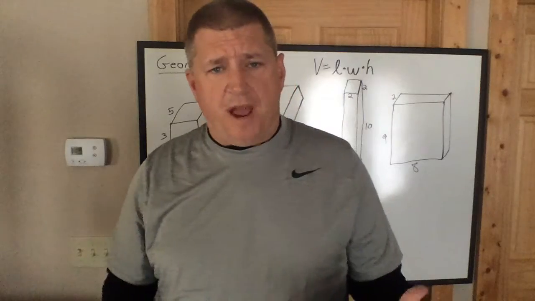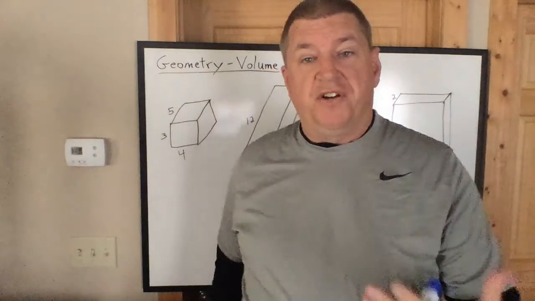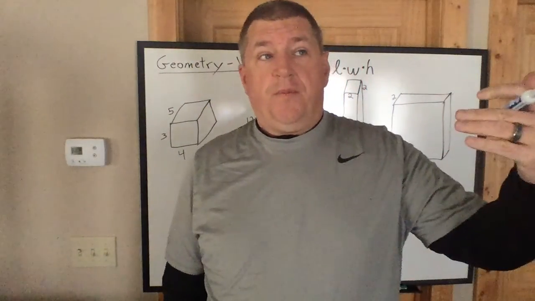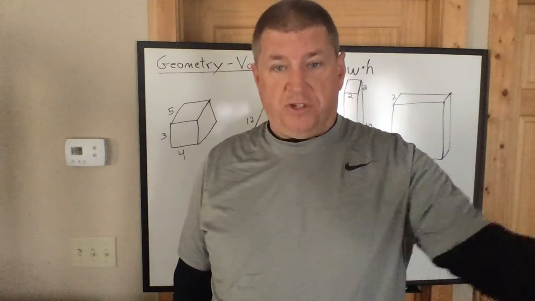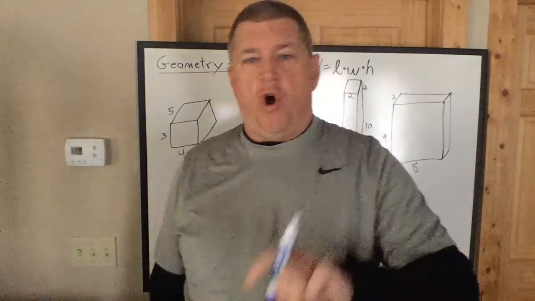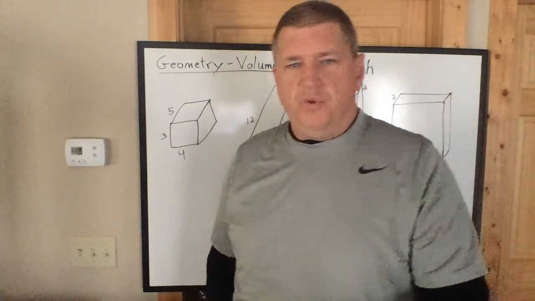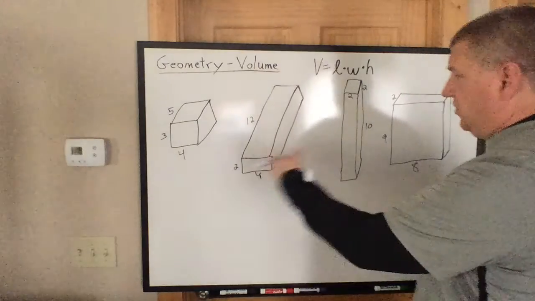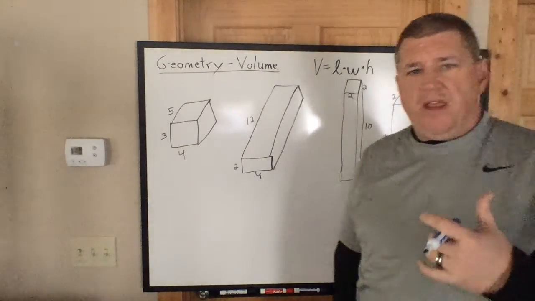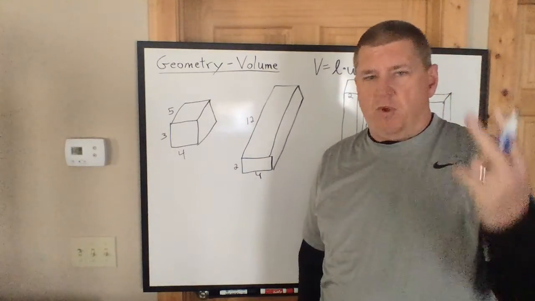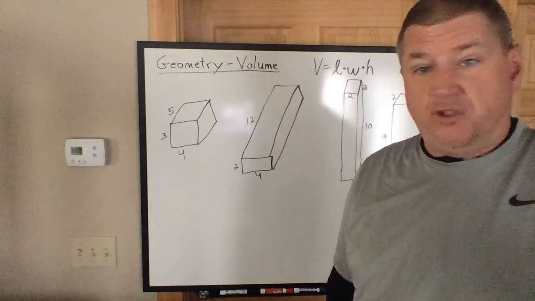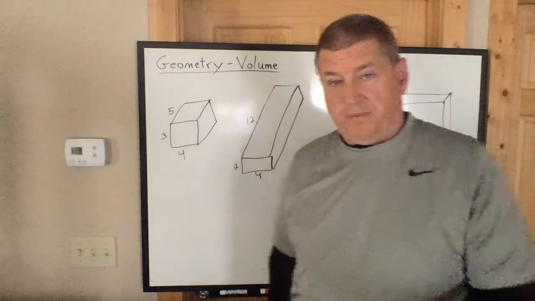So that gives us the opportunity to not necessarily have to determine which is the length, which is the width, and which is the height, especially when you're given all three numbers. Looking at these different boxes that I've drawn on the board, one of them will be the length, one will be the width, and one will be the height, and I just join all three together through multiplication.